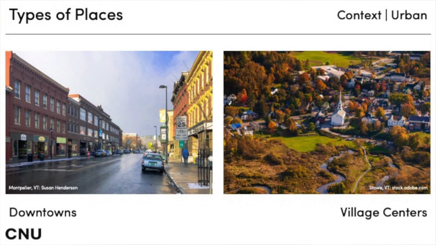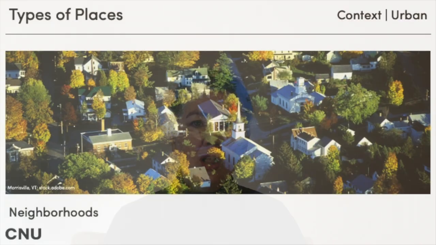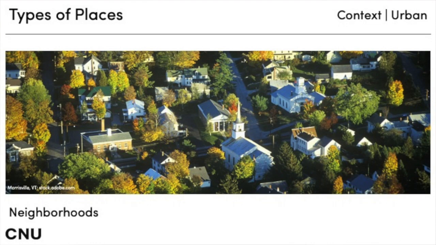It's just talking about the difference between that and a suburban situation or that and a rural situation. So downtowns, village centers, and compact neighborhoods are all contexts that are discussed in detail in the guide and that we'll be talking about today.